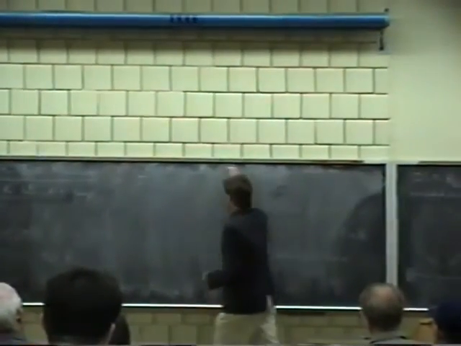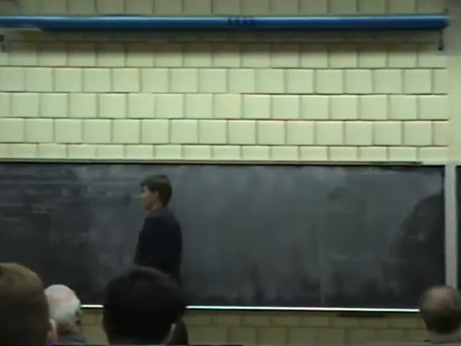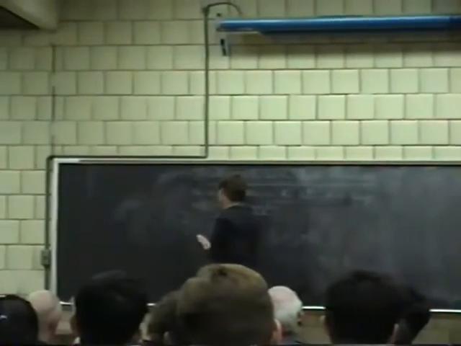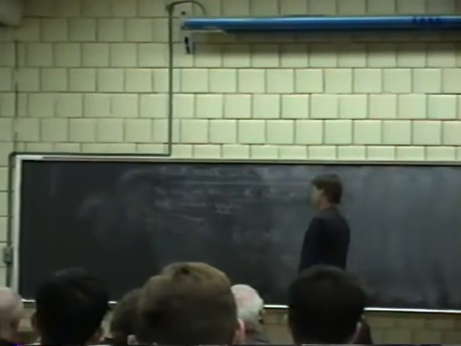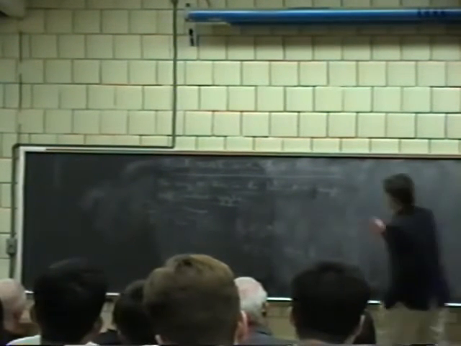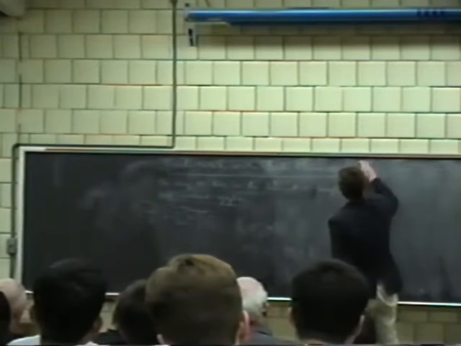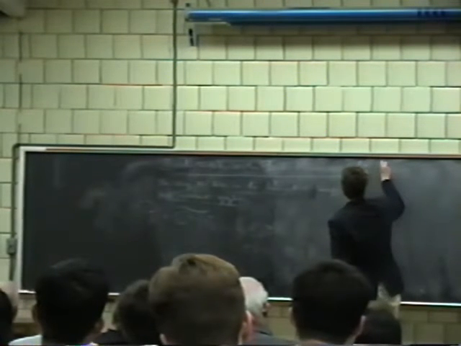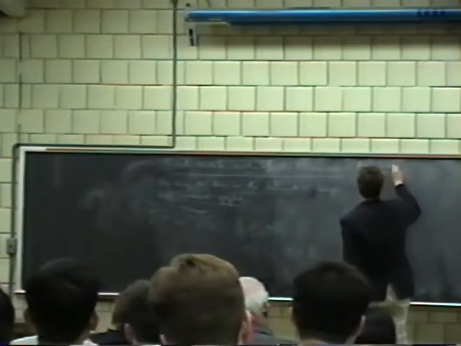So we define a multivalued graph by looking at the universal cover of the complex plane with the origin removed, and then an n-valued graph, where n is some integer.